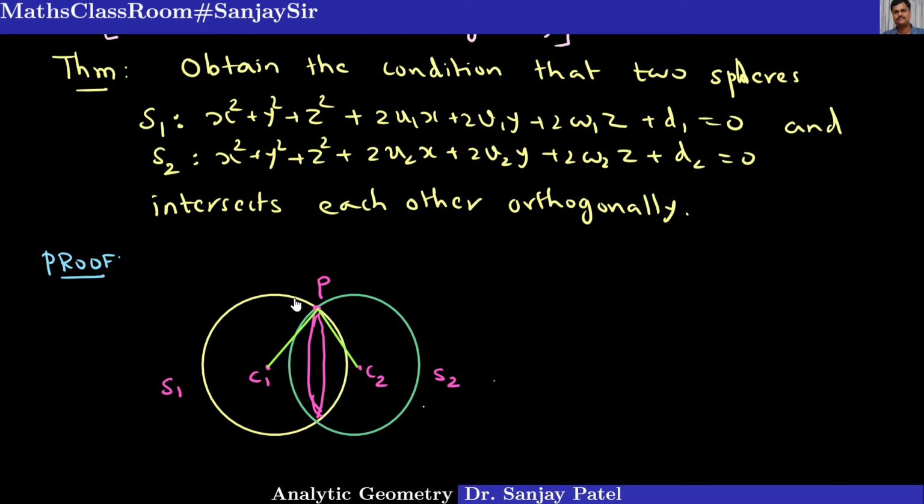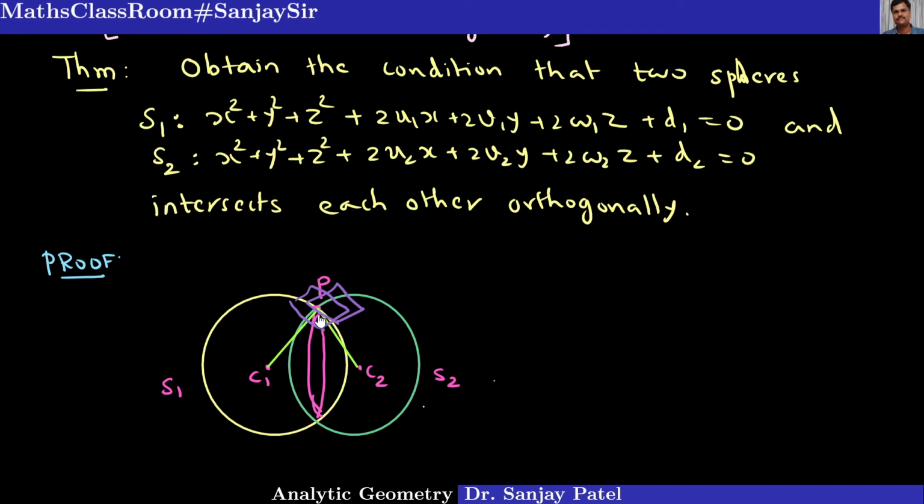Now if we draw tangent planes for S1 and S2, a tangent plane to this sphere and a tangent plane to this sphere, then remember that C1P and C2P are the radii drawn from the point of contact, which is common to both spheres, that is P.